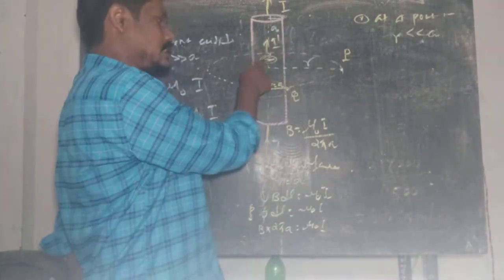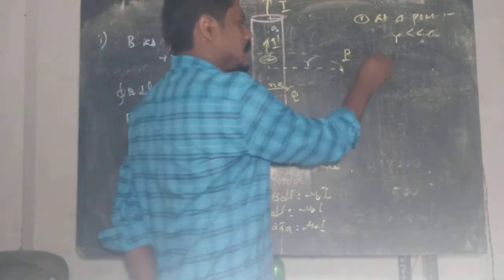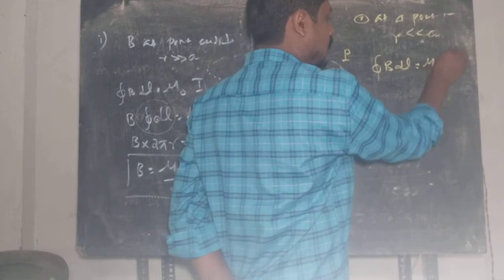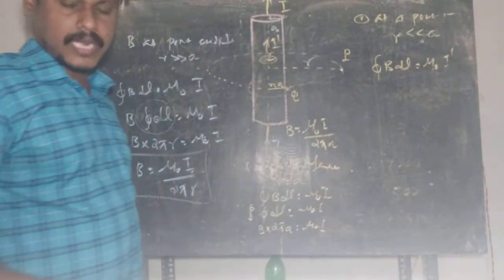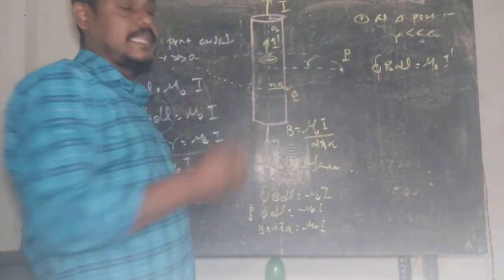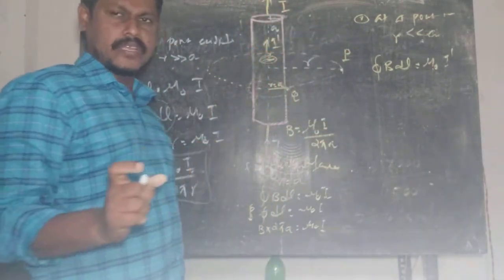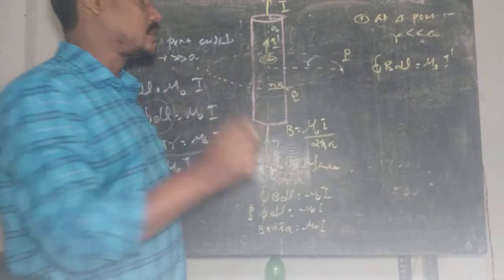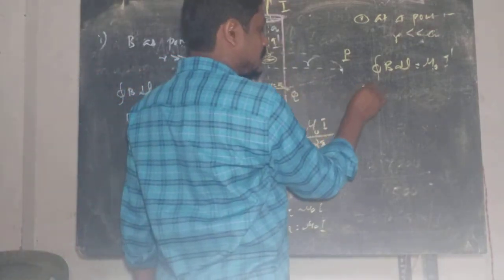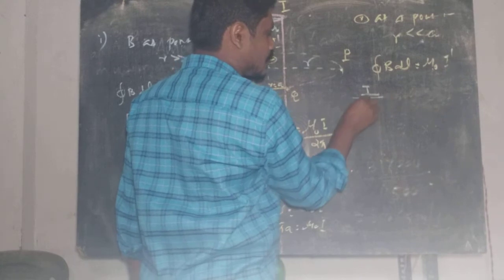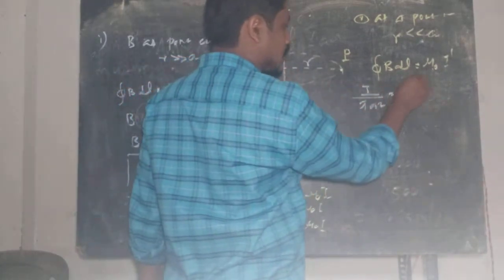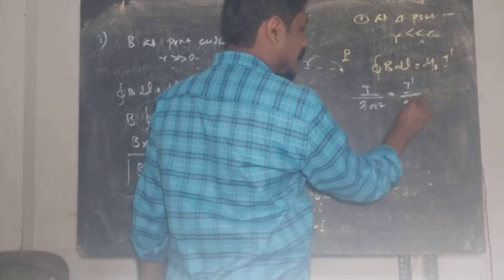So at a point inside the cross section, we write the closed integral of B dl equals mu 0 into I dash, right? But here the current density, current per area, is uniform. So for the outer cross section, the current density is I by pi a square, equal to that of the inner cross section, I dash by pi r square.